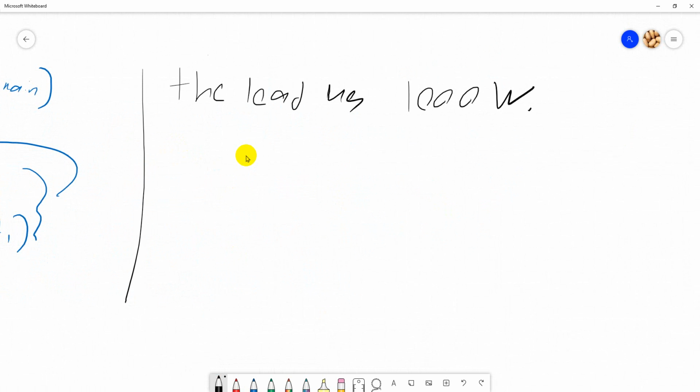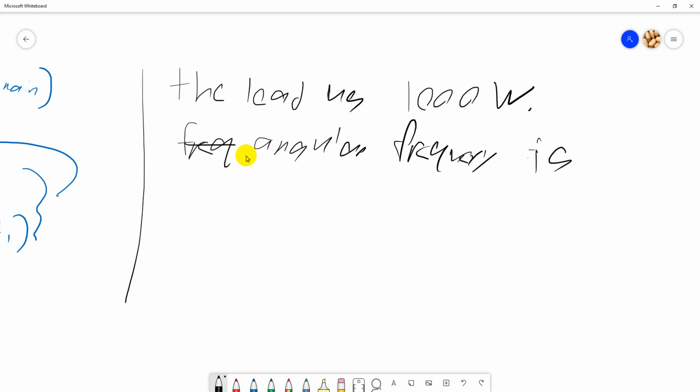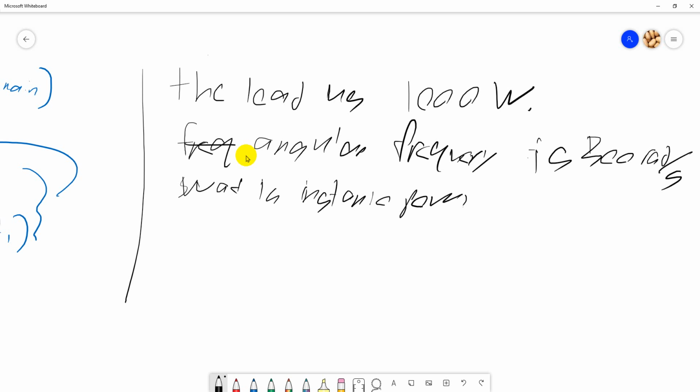The angular frequency is 300 rad per second. What is the instantaneous power?